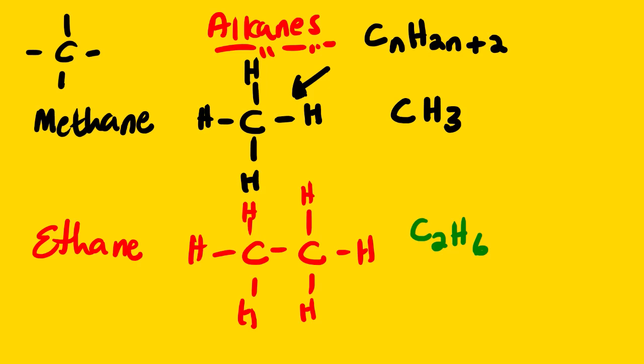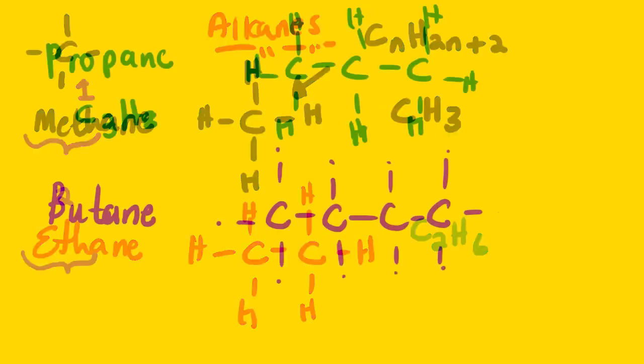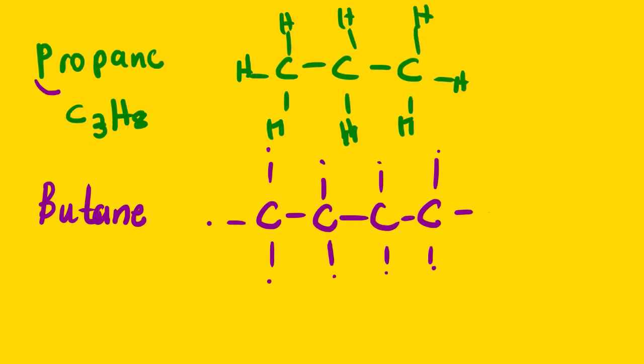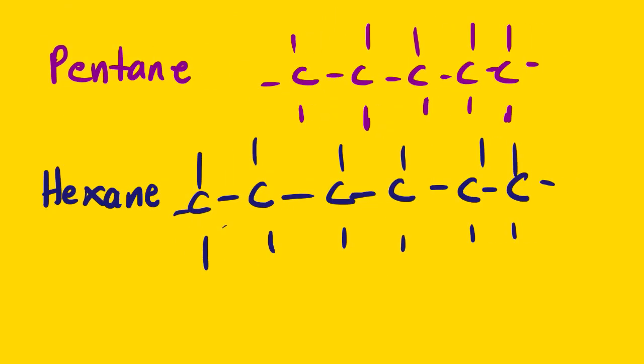You should know that the first part of the name actually tells you the number of carbons. Meth means 1 carbon. Eth means 2 carbons. Prop means 3 carbons. But means 4 carbons. One of the important things, pent, we know that from mathematics, pent simply means pentagons and polygons.